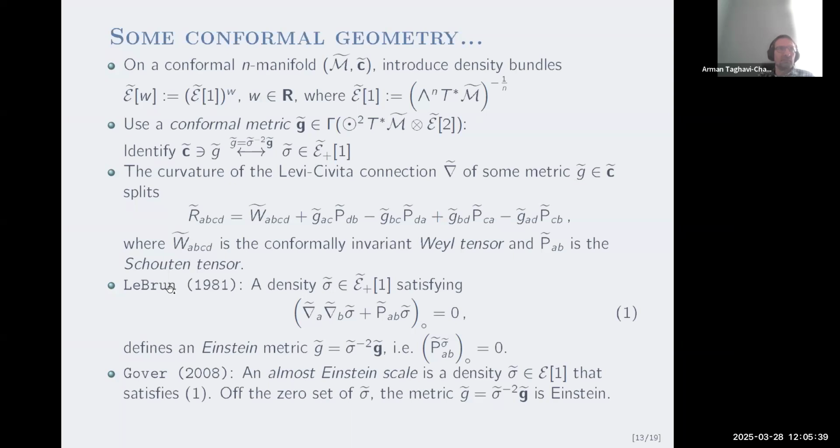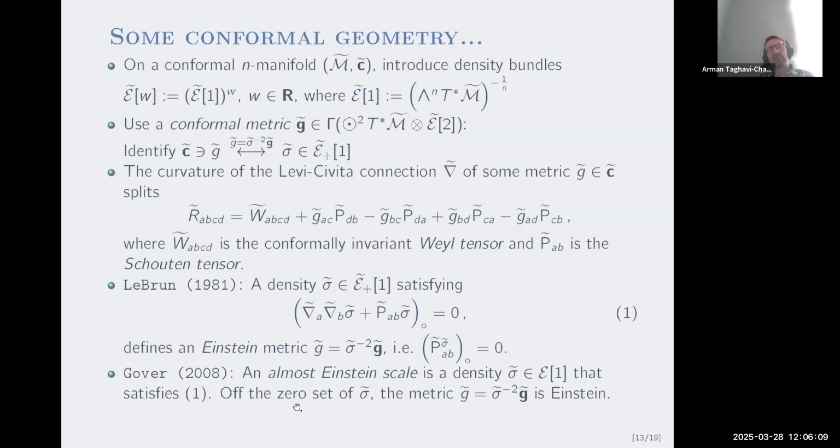So this was a result by Lebrun in 1981. Lebrun had in mind nowhere vanishing solutions. But Gover weakened the assumption that it is nowhere vanishing and allows for the density to have a non-empty zero set. And he calls a solution to this equation an almost Einstein scale.